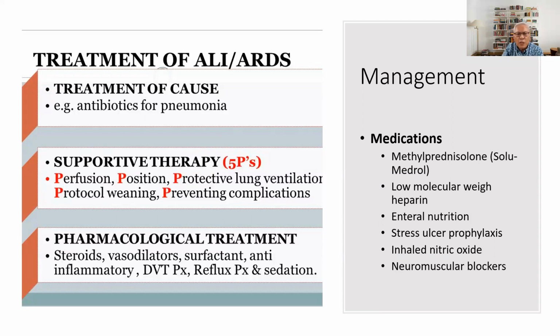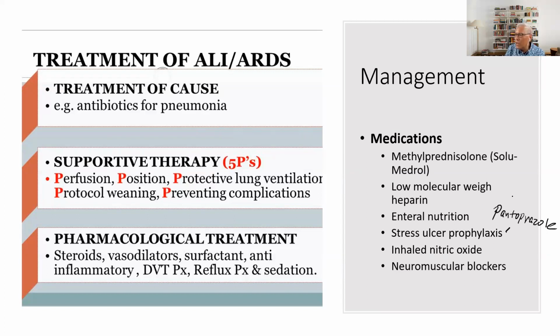Usually the one that we give for stress ulcer prophylaxis in the hospital is your Protonix or pantoprazole. I should have included that here. Which is usually given 40 milligrams per day.